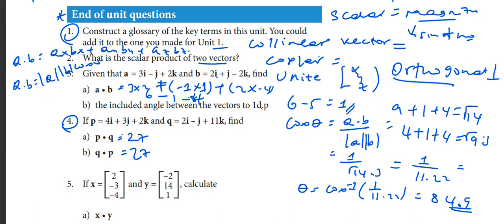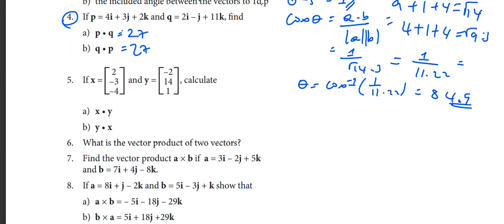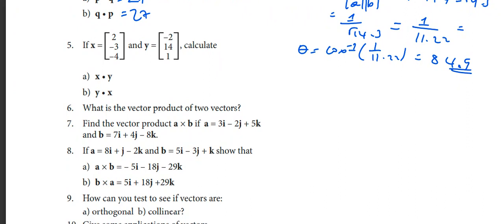Number 5, if x is equal to this and y is this ከሆነ x dot y ምንድነው የሚሆነው?